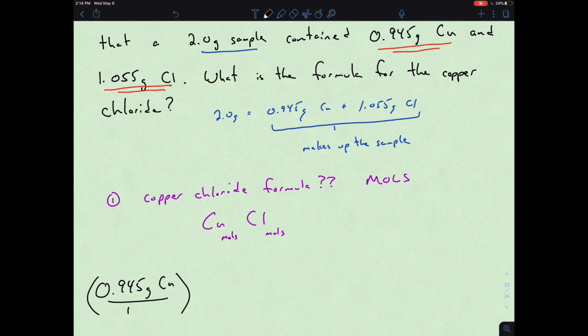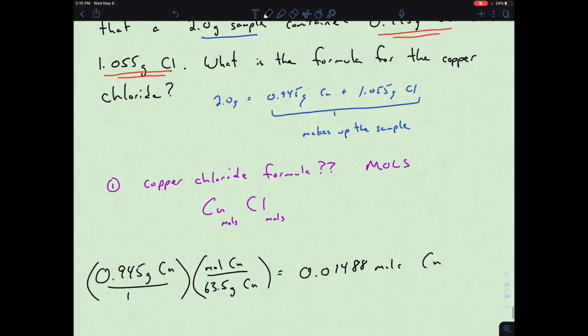So if I have 0.945 grams of copper, and copper has a molar mass of 63.5 grams per mole, I have then 0.01488 moles of the copper.